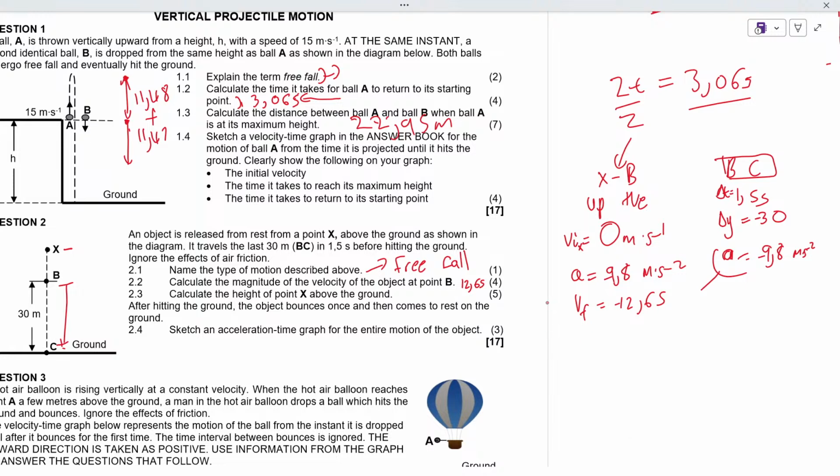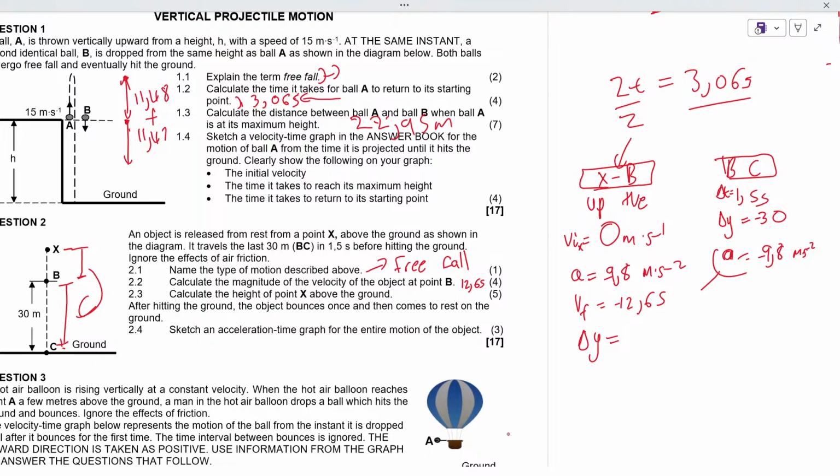And then they say calculate the magnitude of X. Now, because you have the V final and you have three known variables, which equation can we use which also has distance, to solve for this distance? It will solve the distance from here to here, note that, between X and B. The distance that we get, we will add to 30, and then we'll get the height of X above the ground.